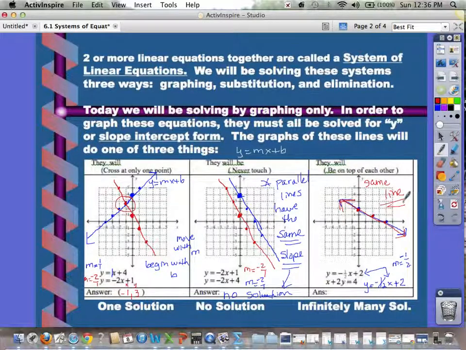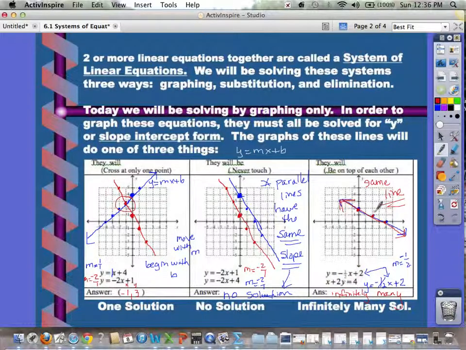That means there will be infinitely many solutions. What that really means, that infinitely many solutions, any number will work. So if I use the ordered pair 0, 1, it would work for both problems. If I use negative 3 million and negative 4 million, that will work for both problems.